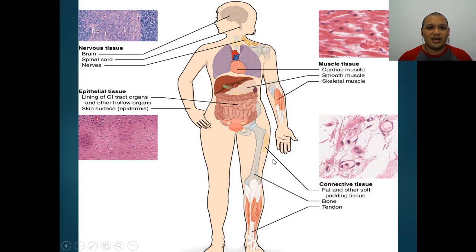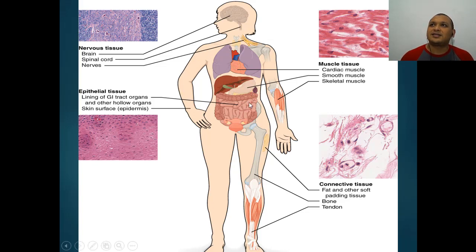So let's begin with nervous tissue. Nervous tissue can actually be found all over our body, but the major concern is the tissue in our brain and spinal cord. And then epithelial tissue can also be found almost anywhere in our body.